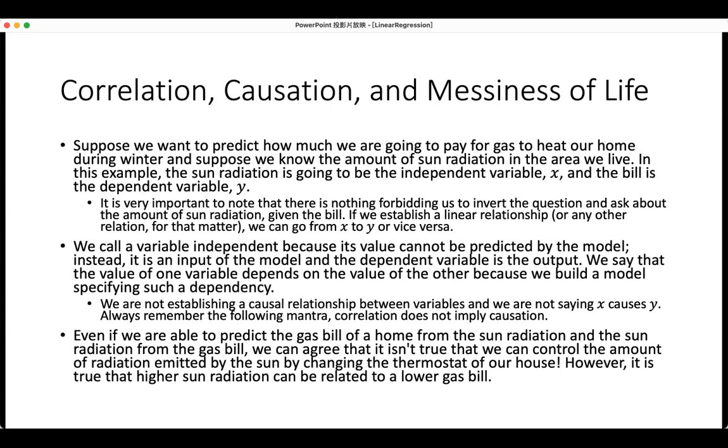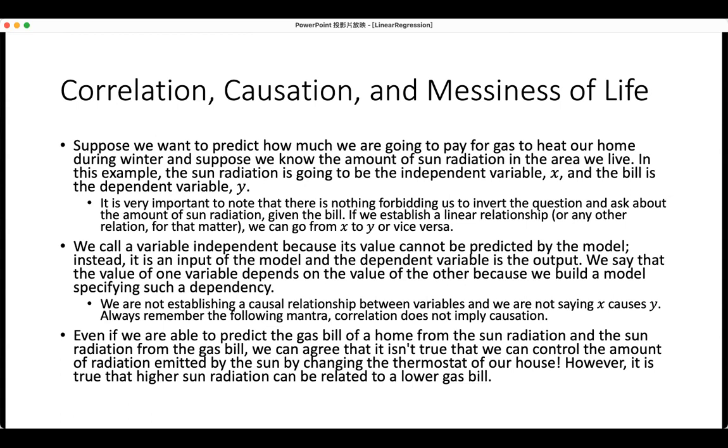So in this example, the sun radiation will be the independent variable, which is X, and the bill will be the dependent variable, the thing that we are predicting, which is Y.